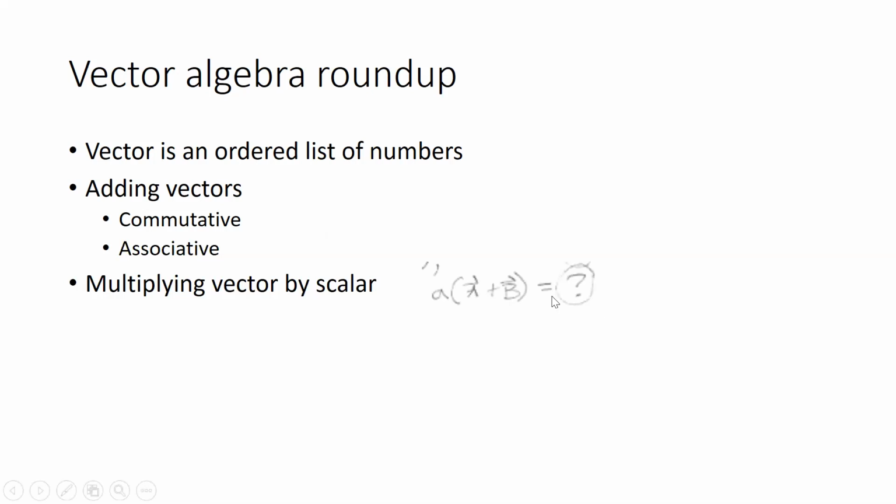You can think about this for a second. It turns out it's just equal to the scalar a times the vector A, plus the scalar a times the vector B. So this scalar little a just distributes through the two vectors. This is how we multiply vectors by scalars.